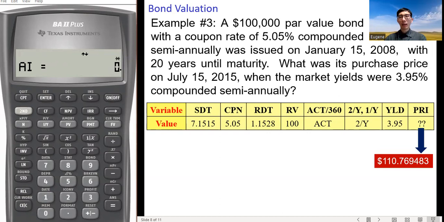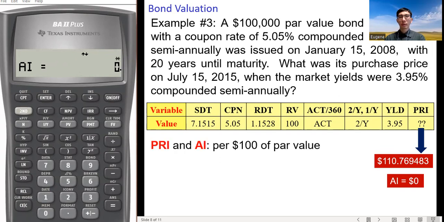So we get PRI equals 110 and AI equals 0. So the purchase price of the bond, which equals PRI plus AI, and AI equals 0, so the purchase price only depends on the value of the PRI. Not to forget to do the conversion.